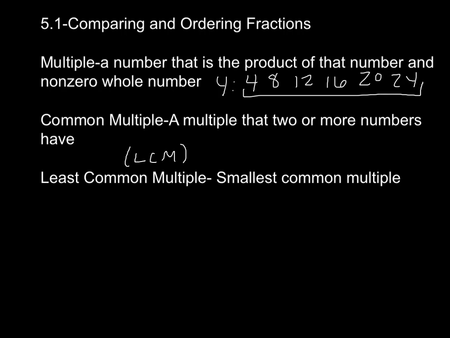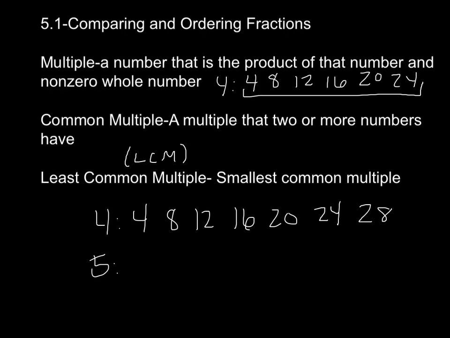So let's say we did 4 and let's do 5. Okay, so I would do 4, 8, 12, 16, 20, 24, 28, 32. We'll stop there. Then for 5, I would do 5, 10, 15, 20, 25, 30.